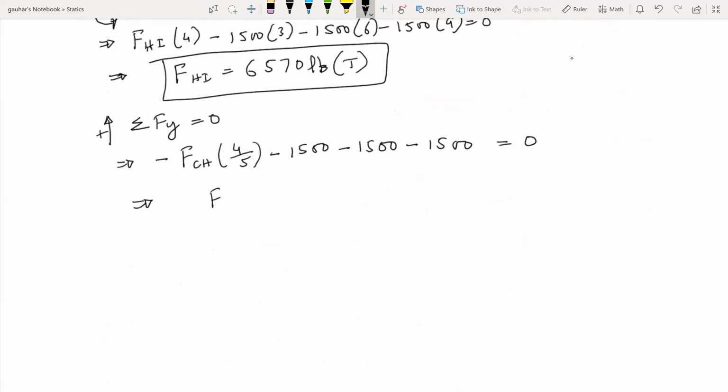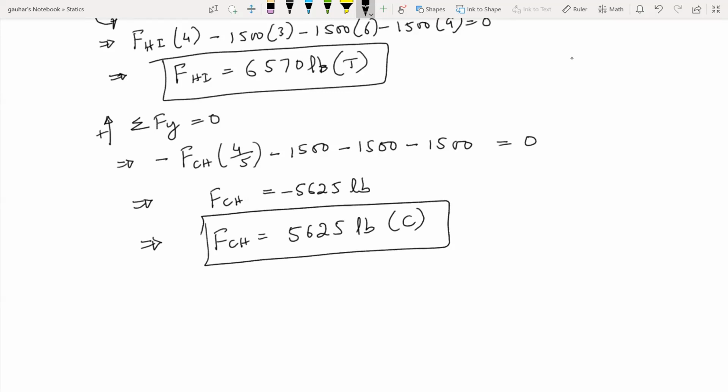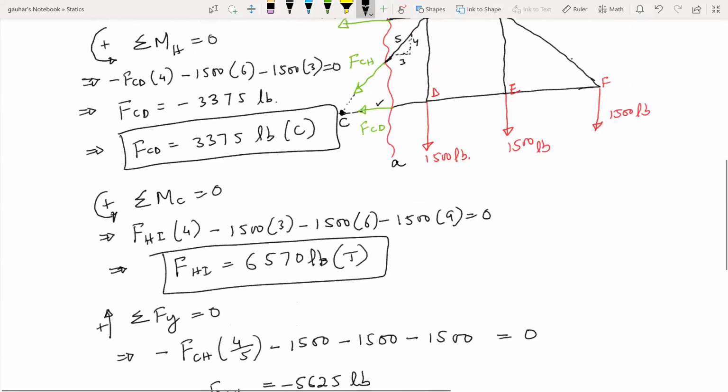From here, we get FCH as negative 5,625 pounds. So we assume tension, and the answer came out negative, which means that FCH is 5,625 pounds compression, right? Okay, so that's how we are done with this problem.